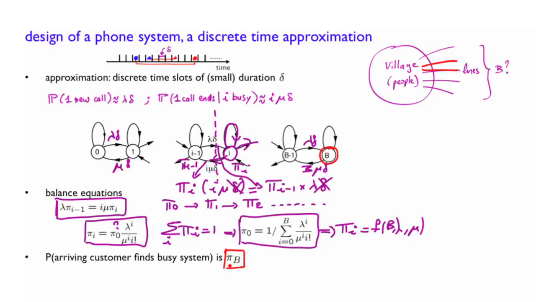And this is the probability that we would like to be small in a well-engineered system. So again, given lambda and mu, the design question is to find b so that this probability is small. Could we figure out a good value for b by doing a back-of-the-envelope calculation? Well, let's suppose that lambda is 30 calls per minute.